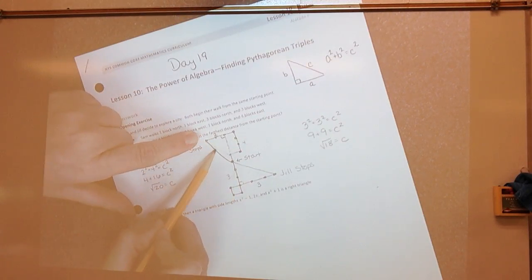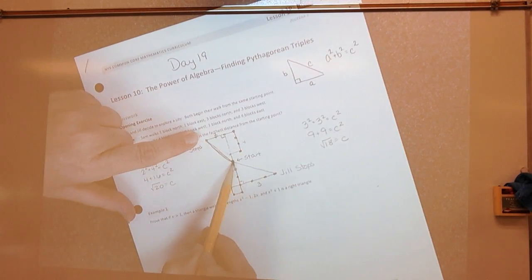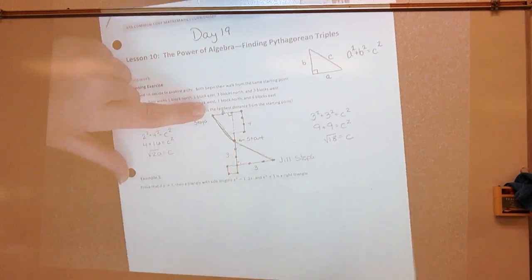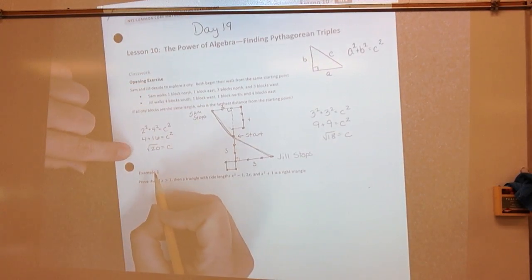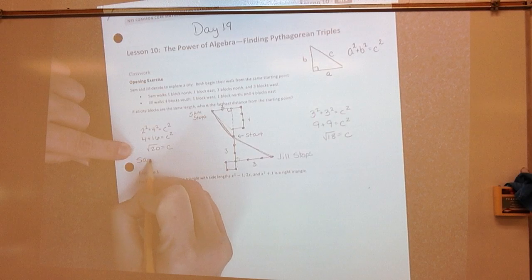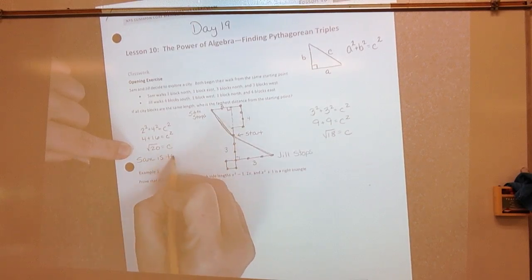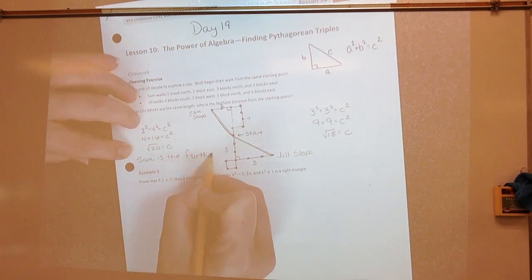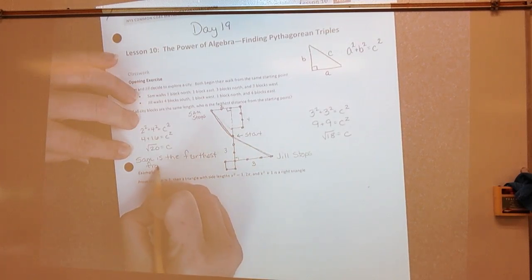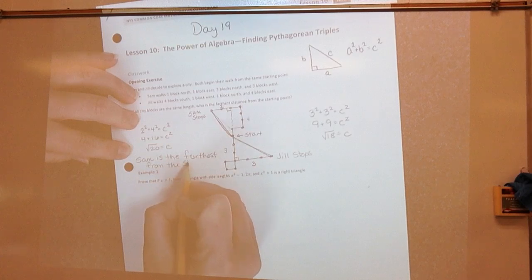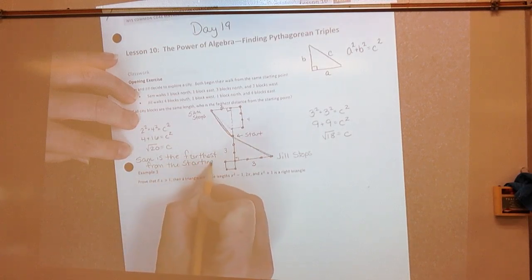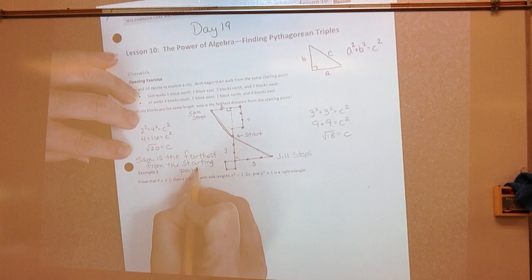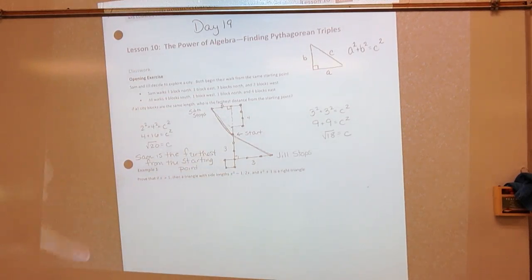I was trying to find this part right here, and I figured out that Sam is the furthest from the starting point, because the square root of 20 is bigger than the square root of 18.